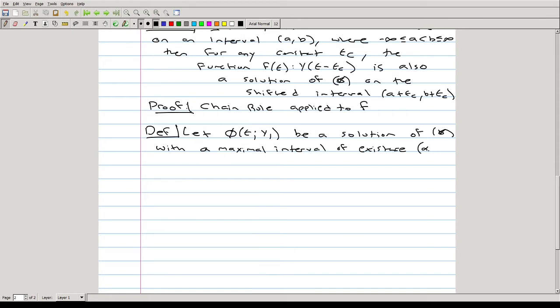Alpha to omega, which we talked about at length in the last lecture. And the set of values of the solution phi of t, we don't have to specify the initial condition right here, at least not right yet.